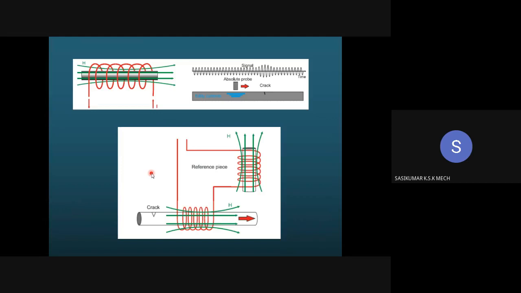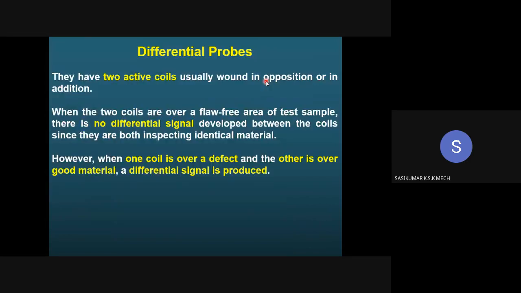So when the absolute probe is moved here, you have changes in the signal. So you have a crack here, you have some abnormal signal changes in this signal while the probe crosses the crack portion. And the differential probes: since it sends and receives signal, it needs two active coils.